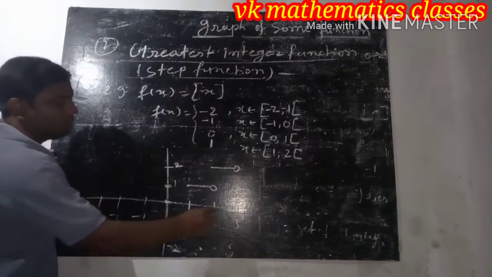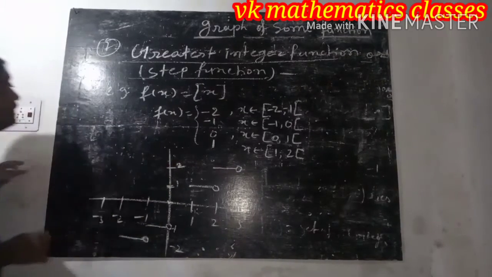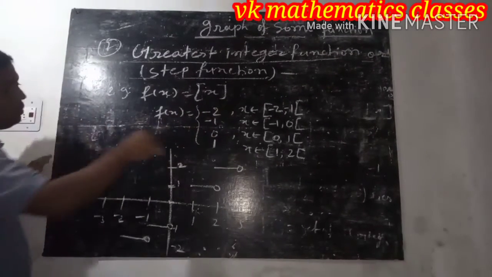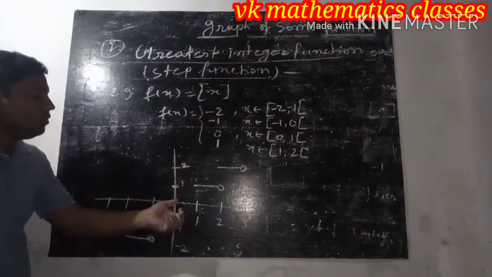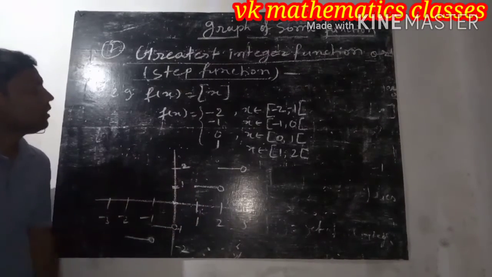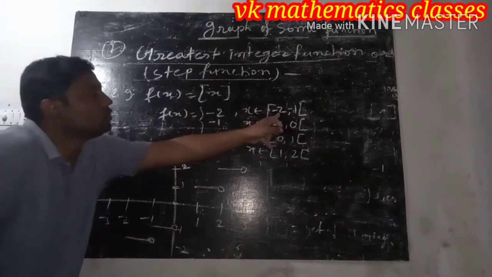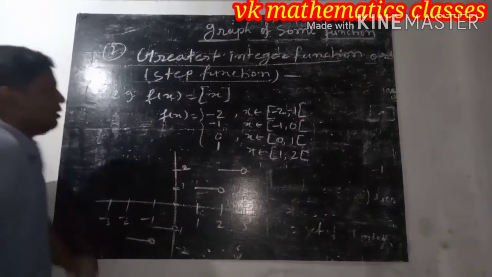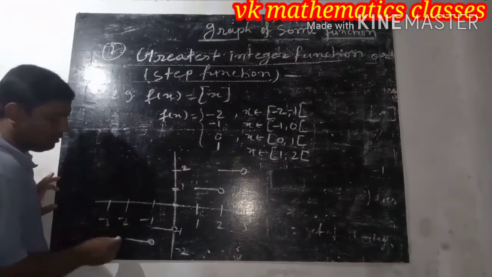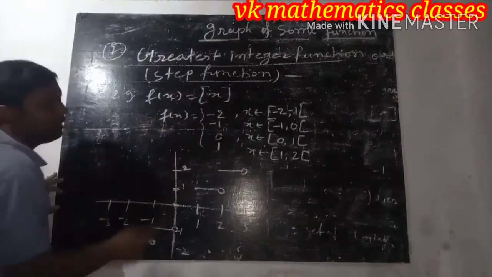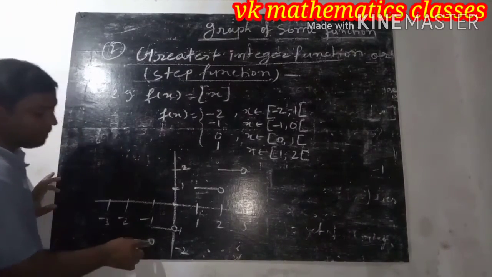This is the origin, with 1, 2, 3 here and -1, -2 here. For -2, x is equal to -2 but not -1, so the endpoint at -1 is not valid here.